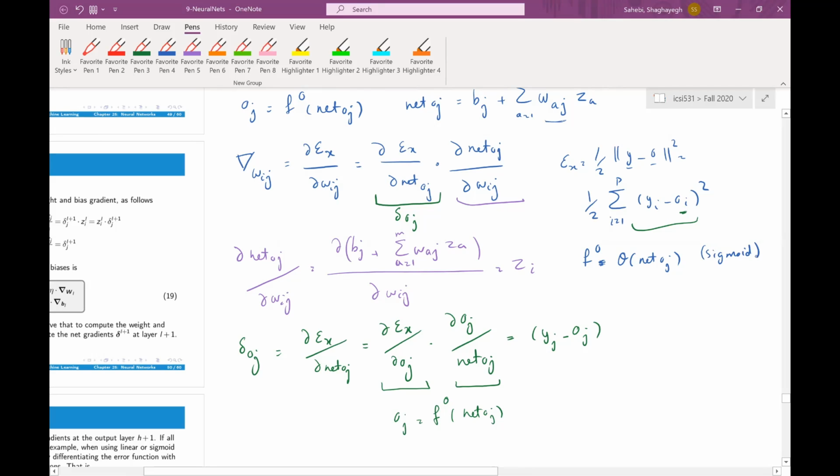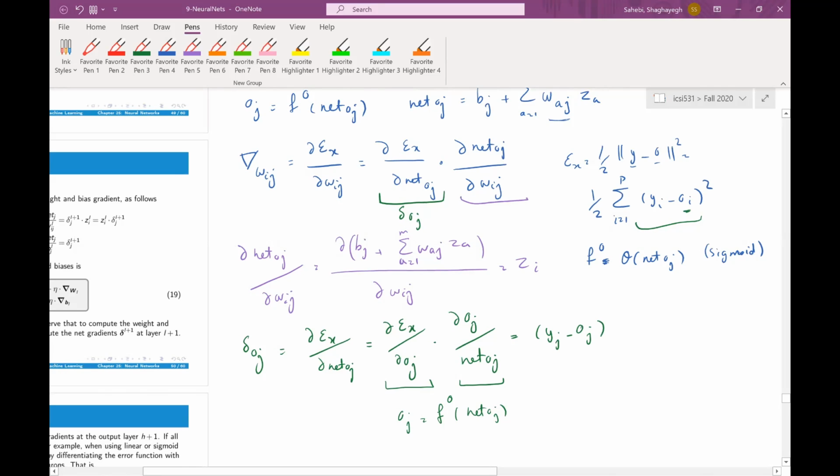The sigmoid function is usually represented by sigma, but because we are using sigma for variance and other things, we have tried to use theta in the course.